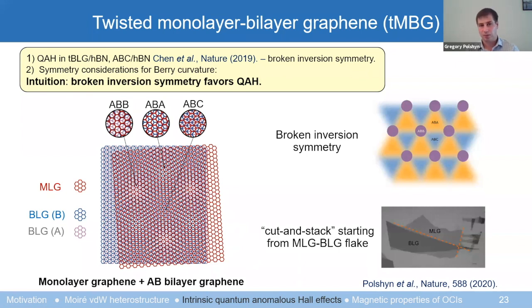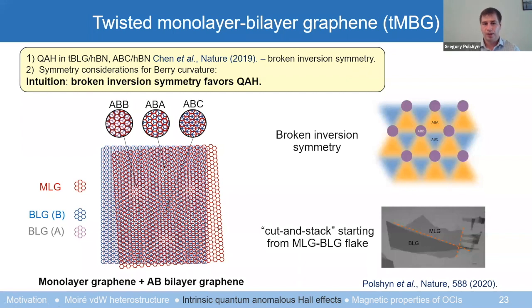Both of these systems break inversion symmetry. We also know that in order to get a non-zero Berry curvature, one needs to have either broken inversion symmetry or broken time reversal symmetry. So the intuition is that structures with broken inversion symmetry will stabilize these quantum anomalous Hall states.